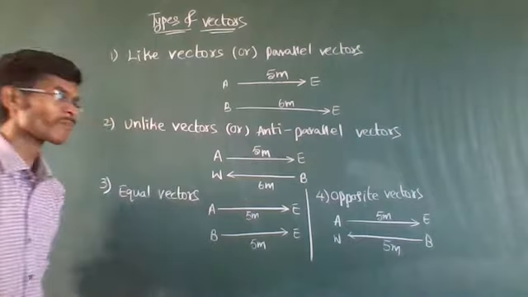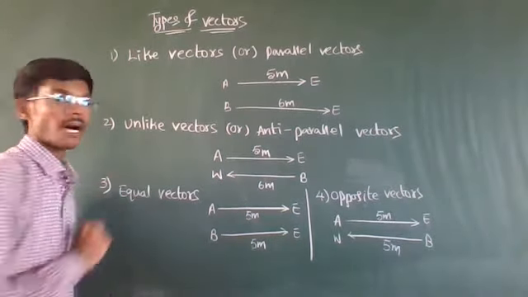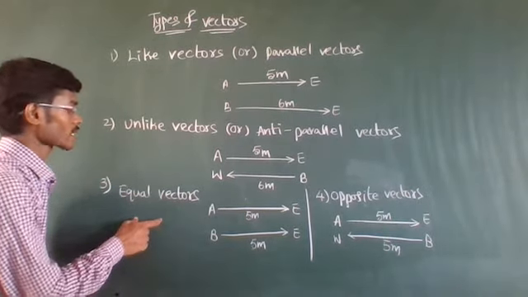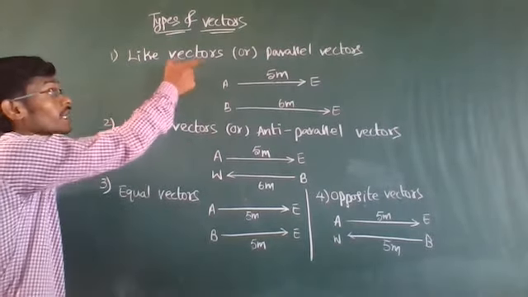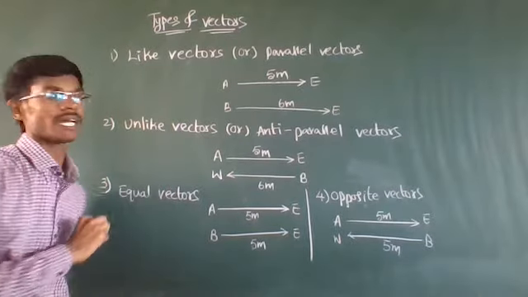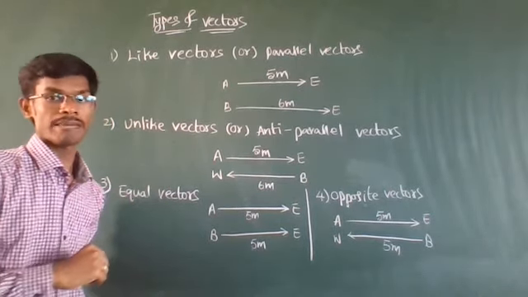Here you can observe a difference between equal vectors and opposite vectors. Equal vectors are a part of like vectors. Why? Because in like vectors, the magnitude may be the same or may be different.